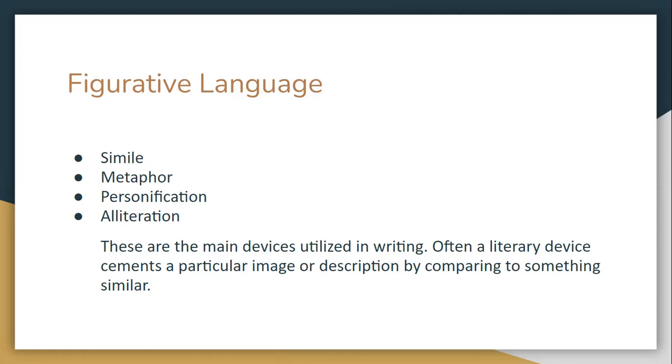So this would be a wonderful way to build your story's excitement, to play on words a bit. Tried, true, and tested friend. That is an example of alliteration. And see the play on the t sound. So these are the main devices utilized, and there are many other literary devices. And these help to cement an image.